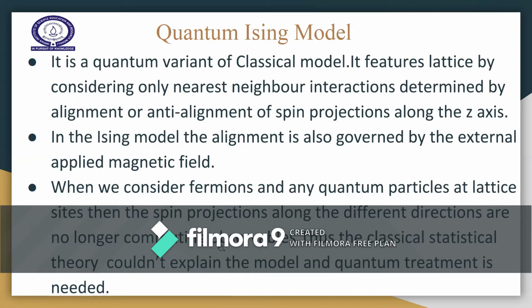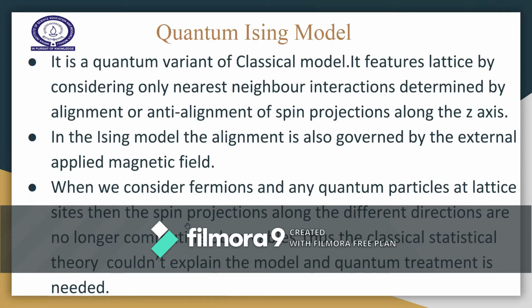As we know, when we go from the classical picture to the quantum picture, variables like position and momentum become operators with commutation relations. Similarly here, in the classical picture we had spin variables. Now we have spin operators, and spin operators are subject to constraints given by their commutation relations.